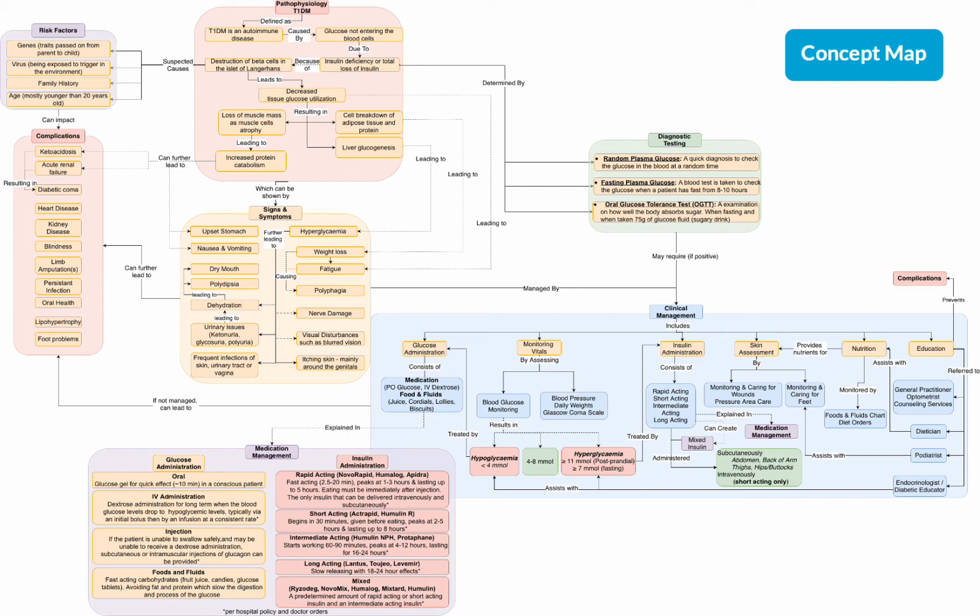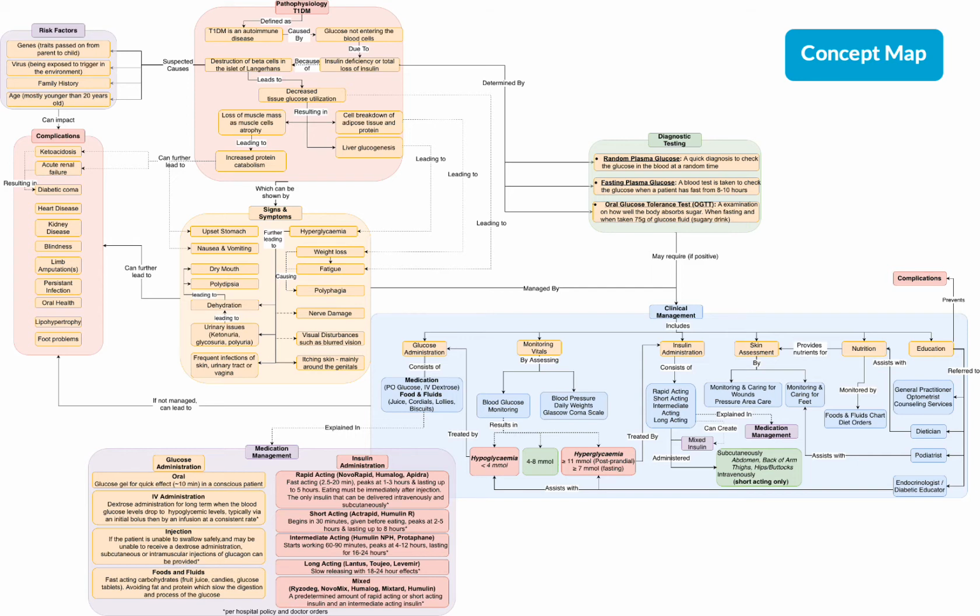So we want to make sure that we're feeding the patient appropriately, which will then in turn help the skin to heal itself. And so with the nutrition, we monitor it by a food and fluids chart, so we can monitor what goes in and out of the body, as well as through diet orders. So we want to make sure that these have a good balance in glucose breakdown.